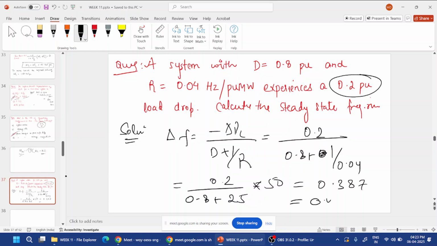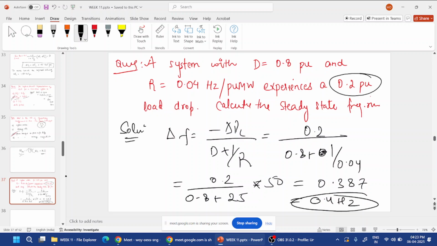We can say that it is about 0.4 hertz. We multiply it by 50 because we have to calculate the steady state frequency change; otherwise it will give the per unit value. So the value comes out to be 0.4, so due to this there will be a change in frequency of 0.4 hertz.